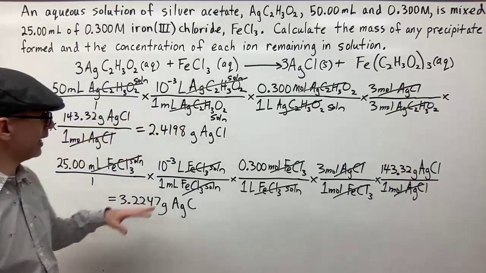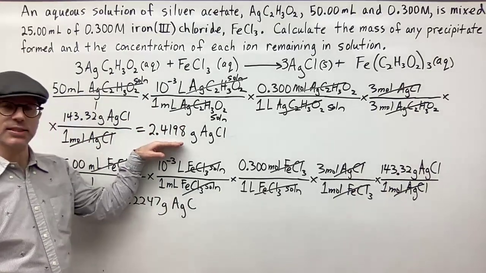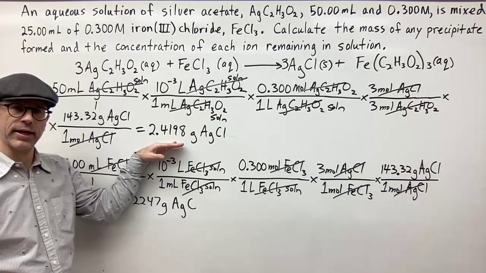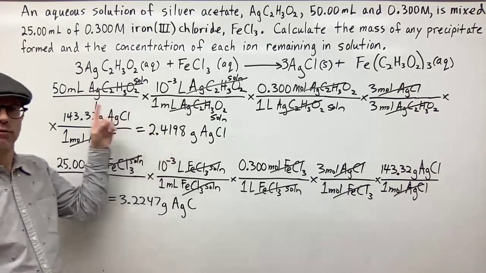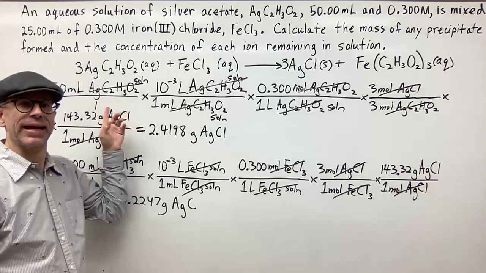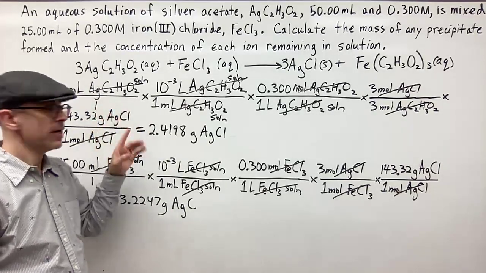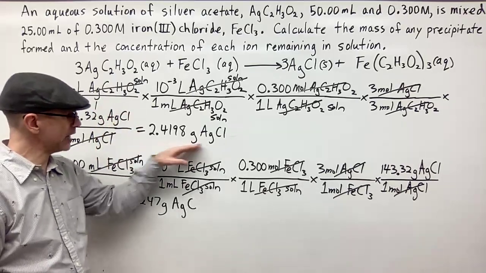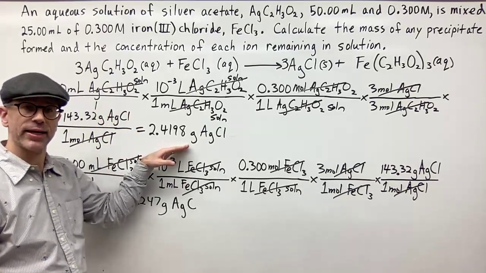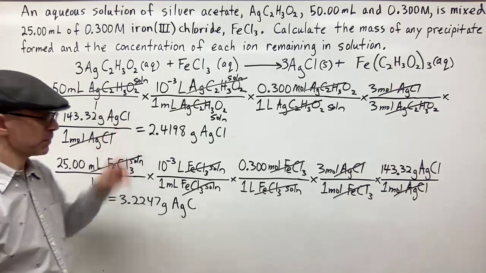Okay, so now that I have the amounts that are produced, so again, this is the amount of silver chloride that would be produced from this amount of the silver acetate solution if this was to react to completion and it's all gone. So this here is the maximum amount of silver chloride that this amount of silver acetate can produce.